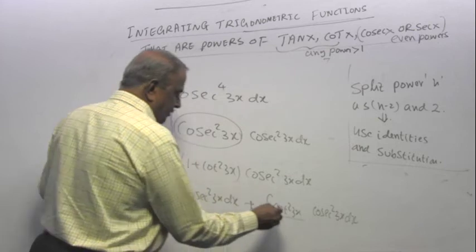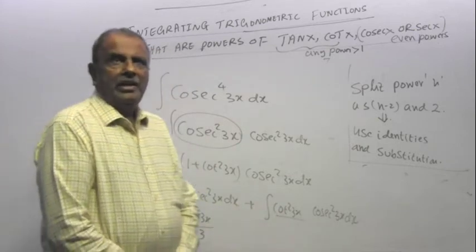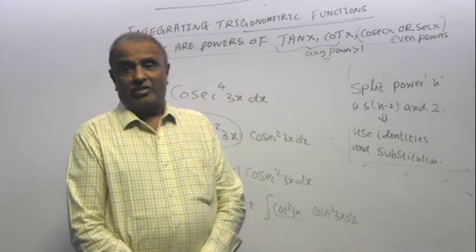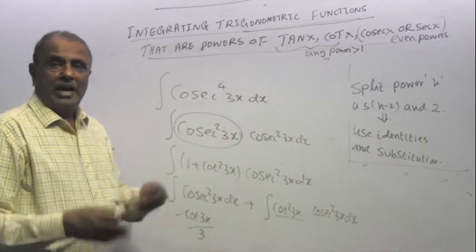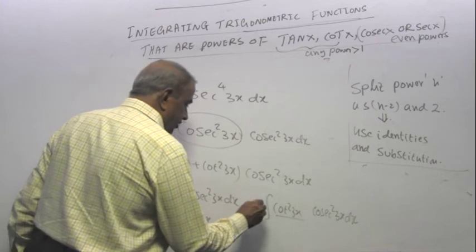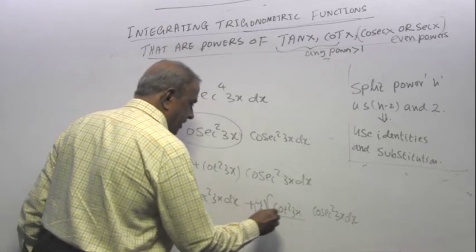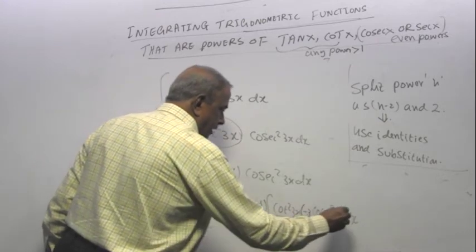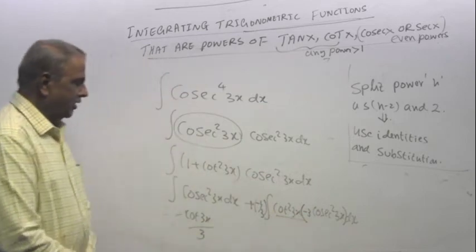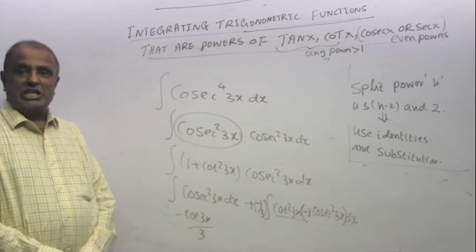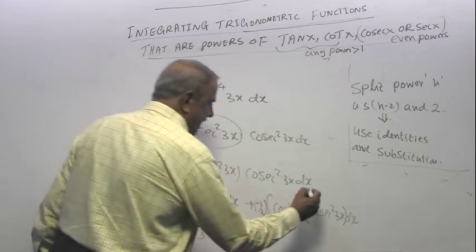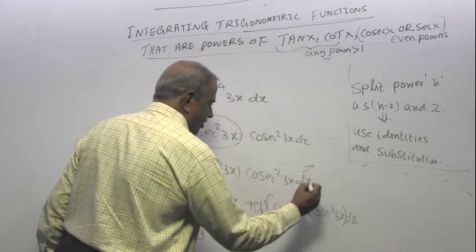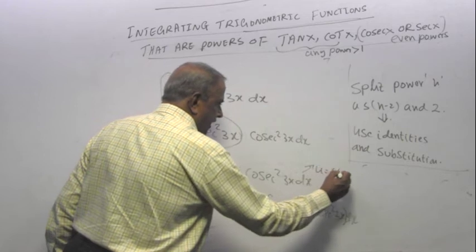Here, when I differentiate cot 3x, I get a minus 3 cosec squared 3x. I have a cosec squared, I don't have a minus 3. So I'll put a minus 1/3 and put a minus 3. By writing that in the exam, you're telling the examiner you're a genius. You know how to do inspection. Or if you don't like it, please use at this stage u equal to cot 3x.